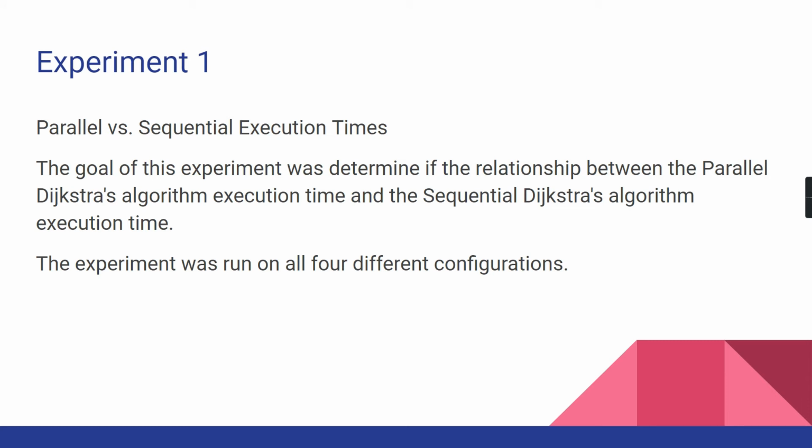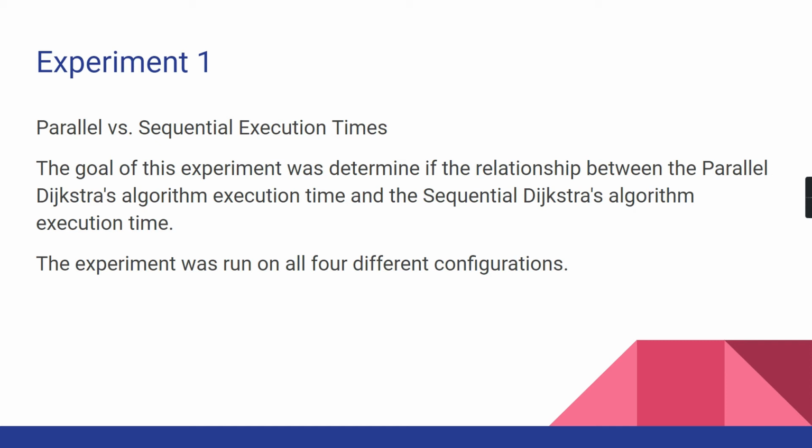So we're going to talk about experiment 1 now. There were 2 experiments used in this paper, and this is the first one. This is the parallel versus sequential execution time, which, as you can probably guess, the goal is to determine the relationship between the parallel Dijkstra's algorithm execution time and the sequential Dijkstra's algorithm execution time.